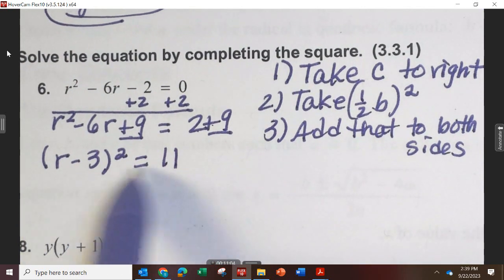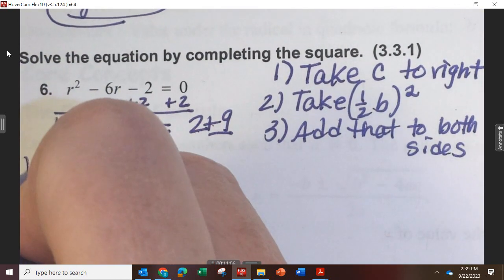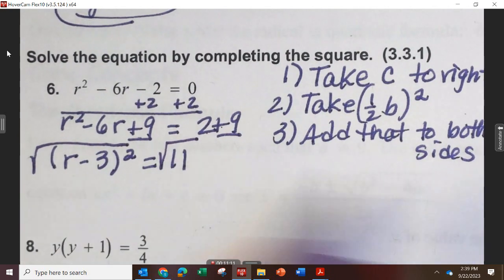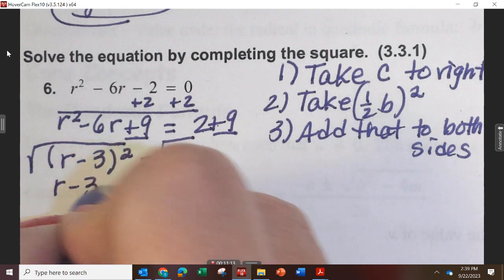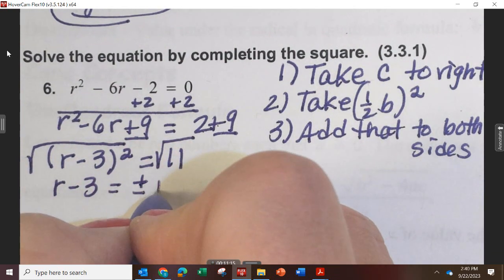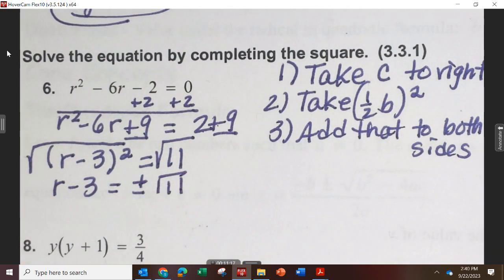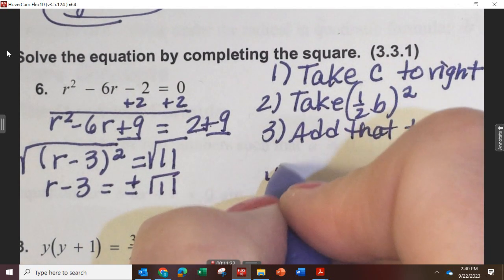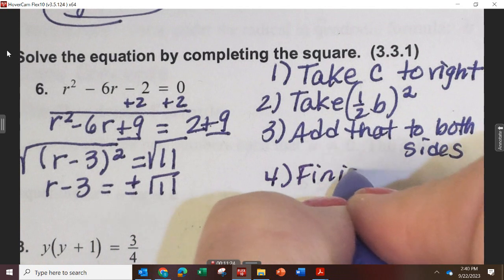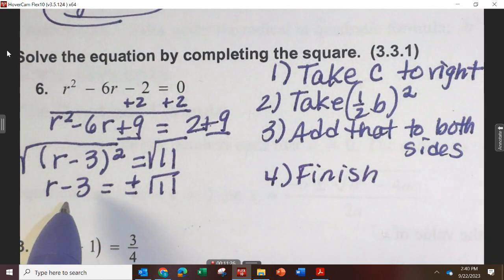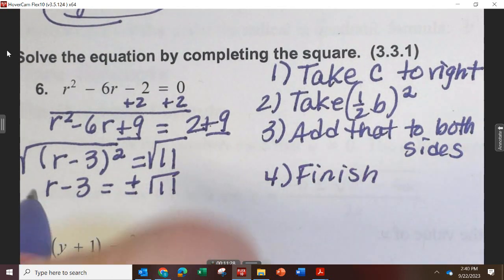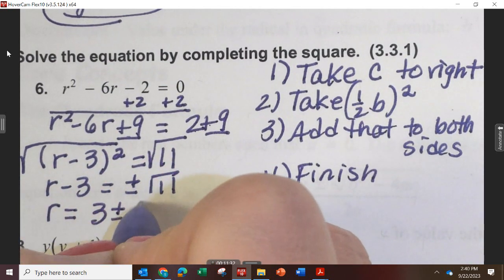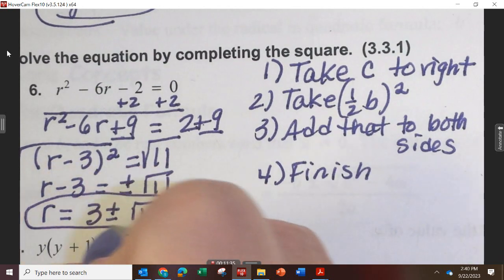So now, to finish this problem, I'm going to take the square root of the left and the square root of the right, and I'm going to have r minus 3 equals plus or minus radical 11. And then what do I do to finish? How do I get r by itself? Just add 3. So it's going to be r equals 3 plus or minus radical 11.